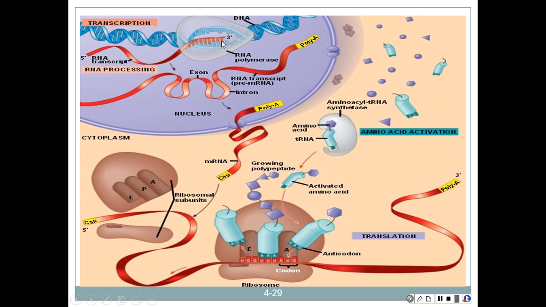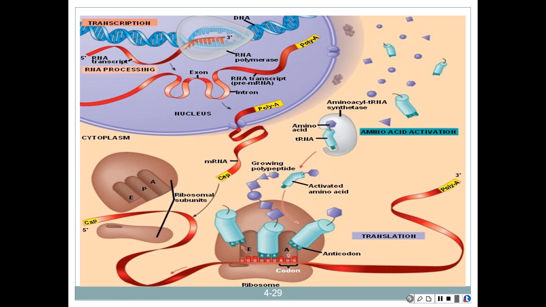The first code will have A, U, G. Remember, there's no thymine, and the thymine is replaced with uracil when we deal with the RNA strand. So it'll code for that particular strand, giving us a complementary base.